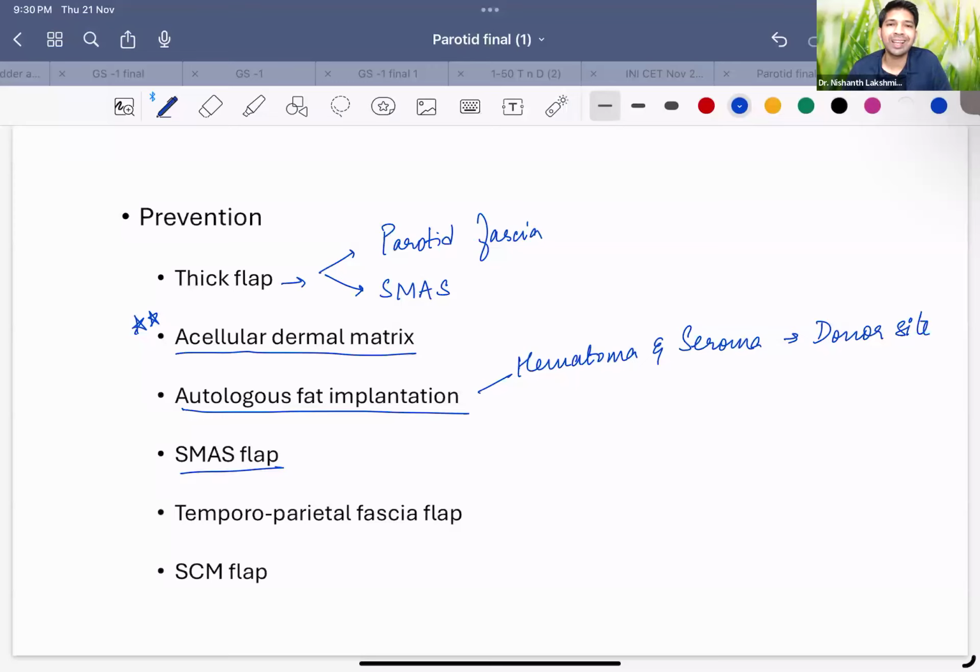Next is something called a SMAS flap. So there is skin and muscles of facial expression like this, and then your parotid gland and the parotid fascia. So normally I told you this is the plane we are going to go in, but here what they do, there are two flaps.